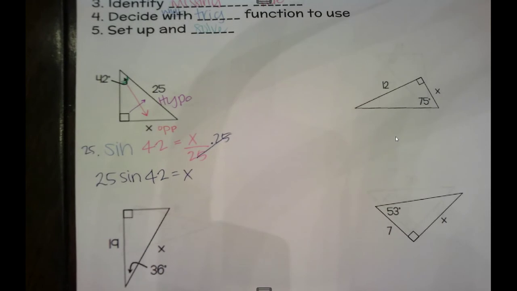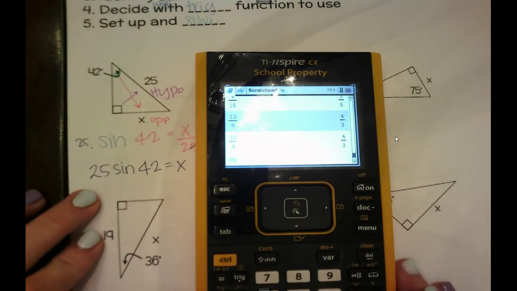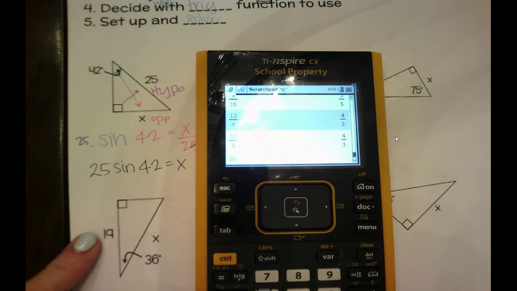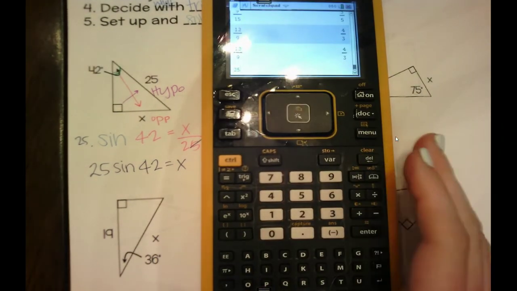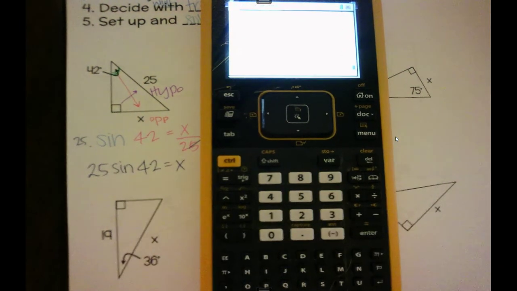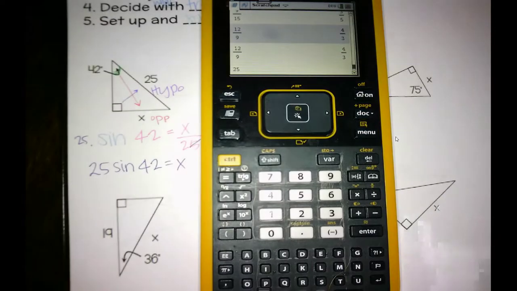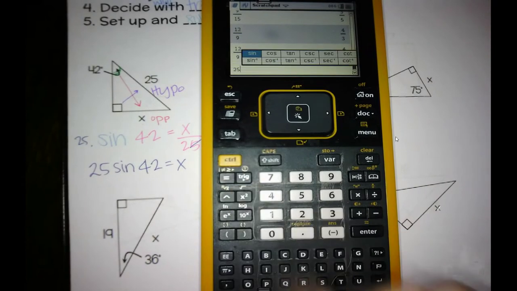Now I can hop onto my calculator and I can say 25. Let's see. This light is not friendly to this calculator. There we go. Okay. You see this button that says trig?